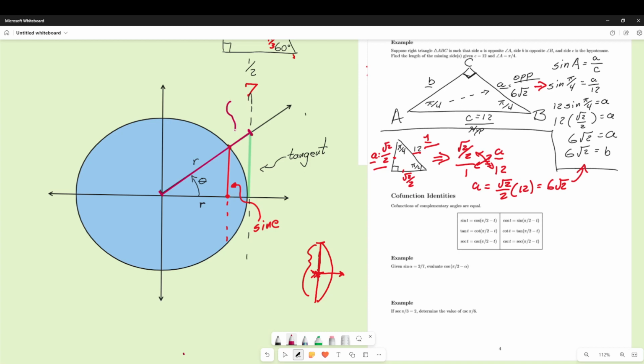And that length, given a name, again, the names are all from the Latin. The name comes from the Latin word to cut, or cut through. That is our secant length in ratio to the length of the radius of the circle.